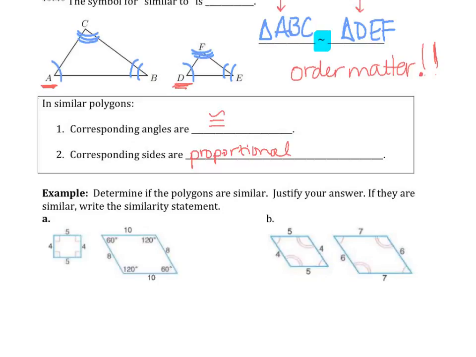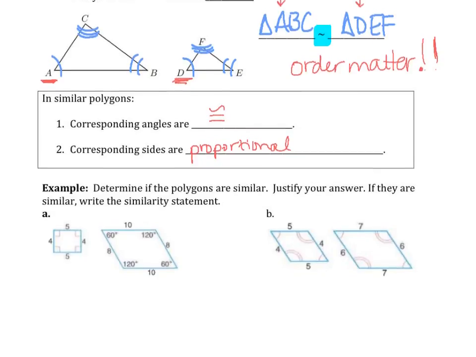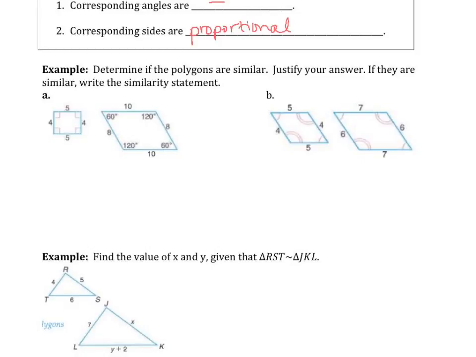Moving down here to our examples, I'm going to look at these polygons to determine if they're similar and justify our answers if they are. I'm going to start off here with this figure right here. Let's highlight our angles here. I got my right angles here.